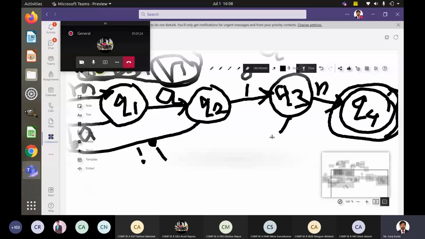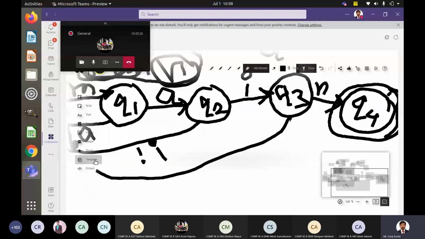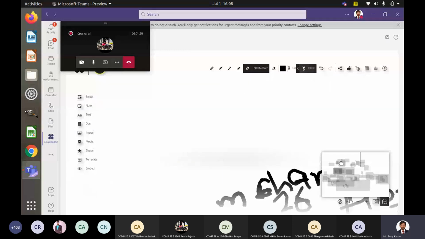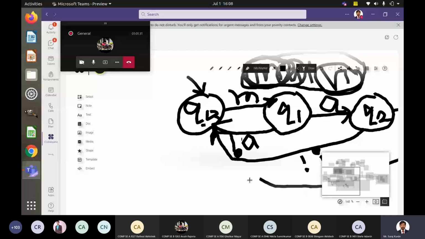From Q3, if input is not n, it goes to the initial state and again looks for m as an input. And if n is the input on Q3, then it goes to the final state.